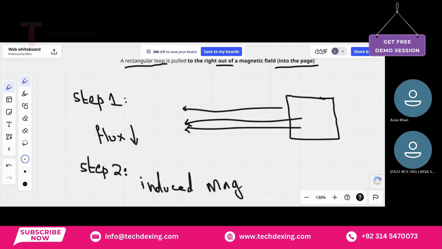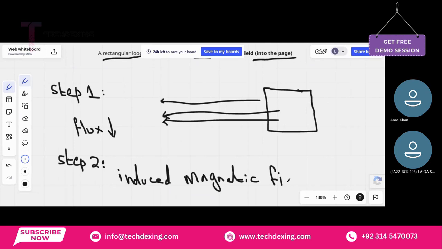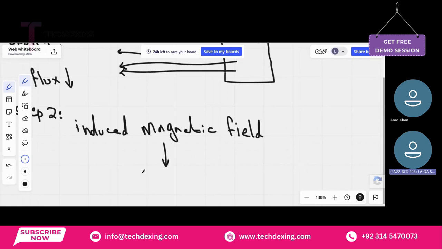It will try to increase the flux, which means it will create a flux in the same direction as the original magnetic field so that the flux can be increased. So its direction would be into the page.